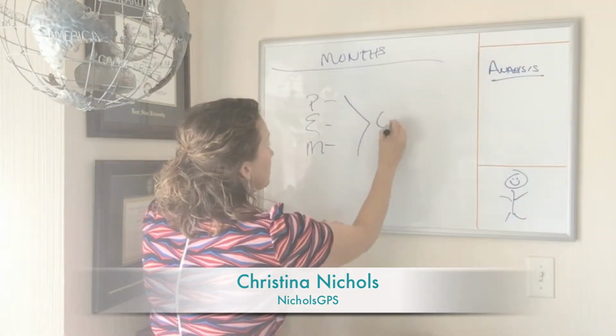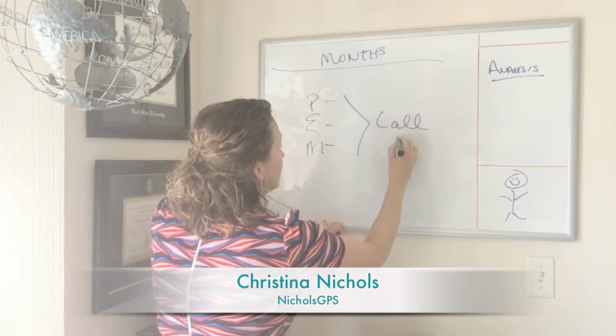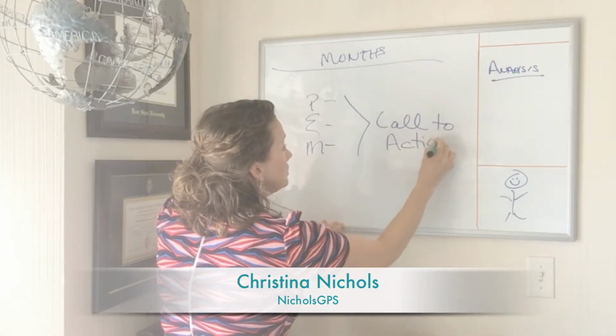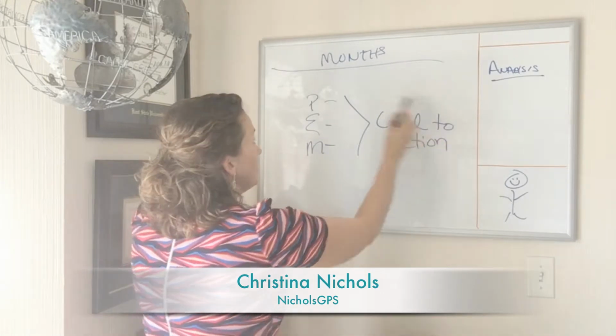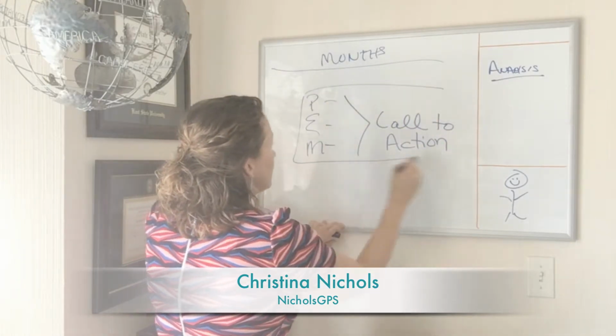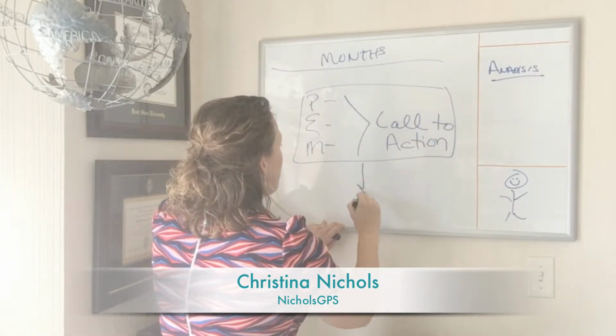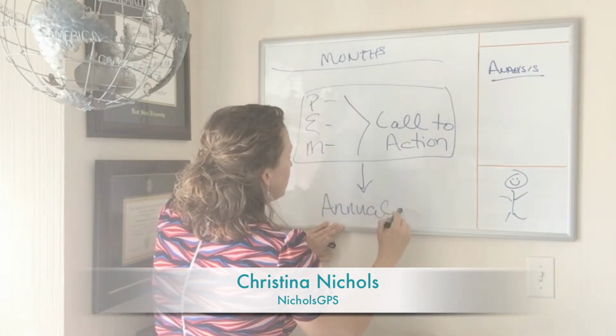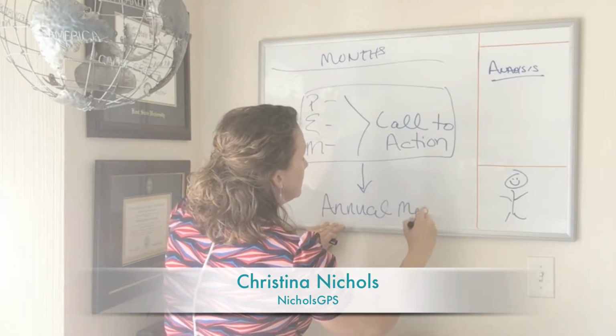These have a combined call to action that is reflected in all of the channels. And this mini campaign drives to your larger annual campaign or annual communications plan, your annual message.